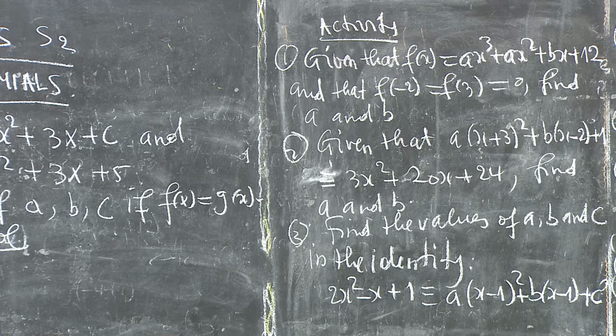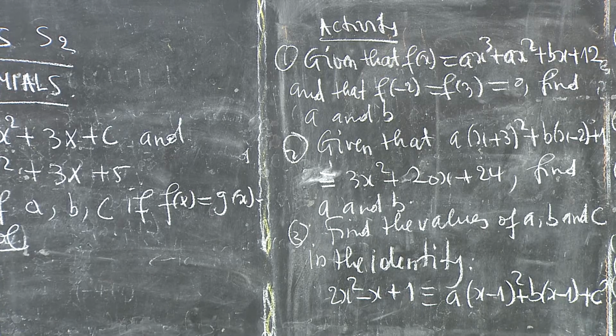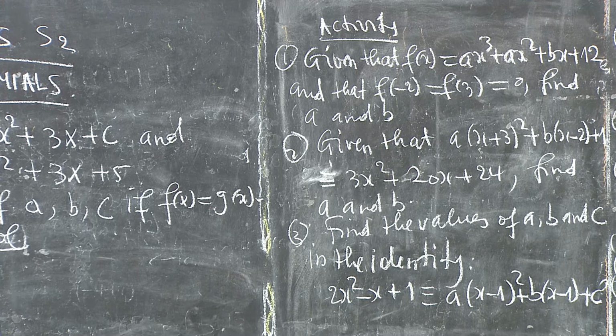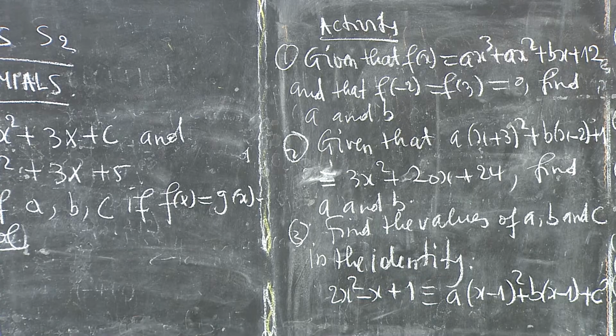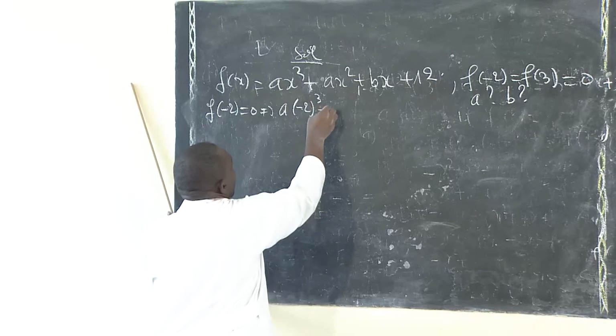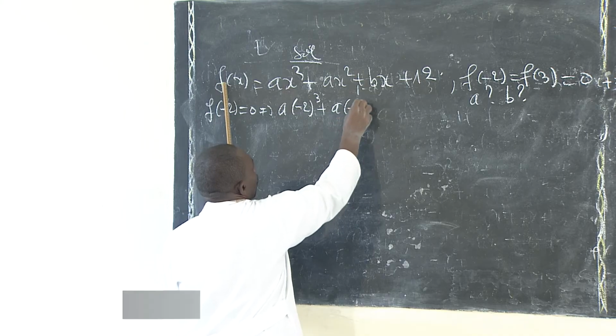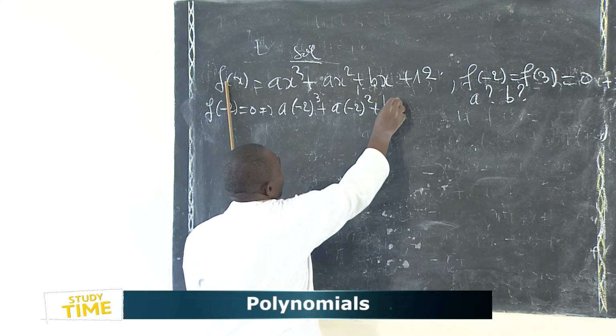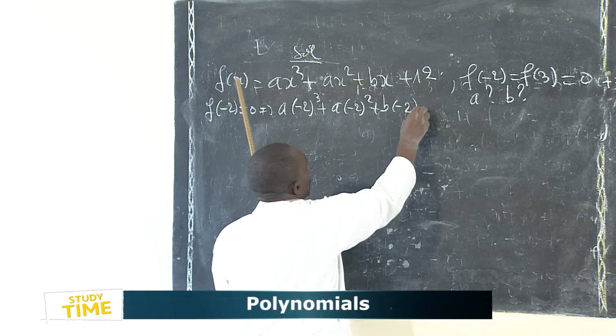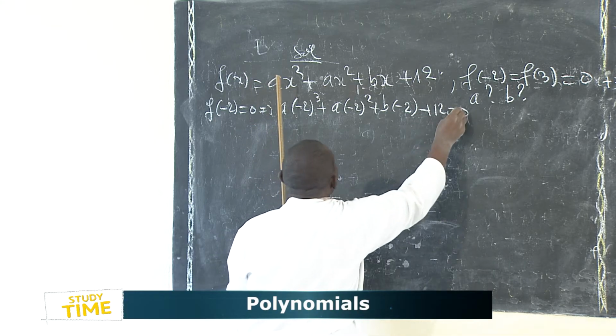What you know, f of minus 2 equals 0. It means when we replace x by minus 2, we'll be having 0. This is a times minus 2 power 3 plus a times minus 2 squared plus b times minus 2 plus 12 equals 0.